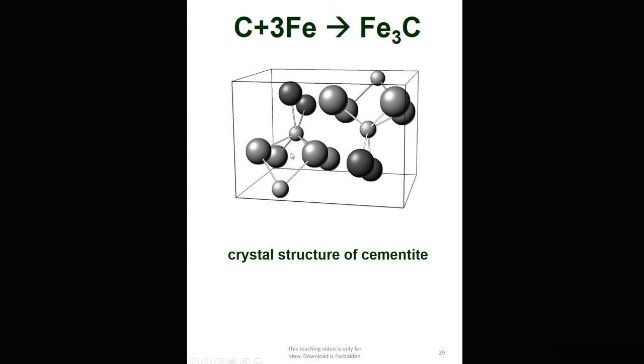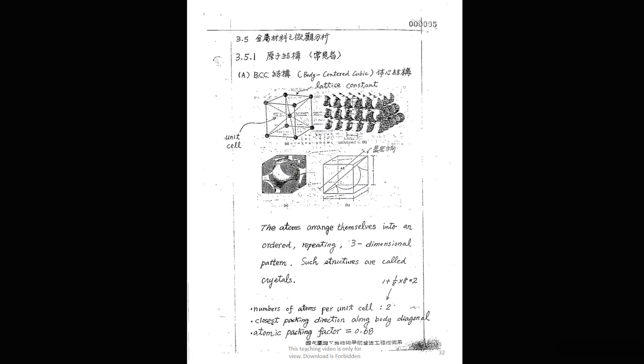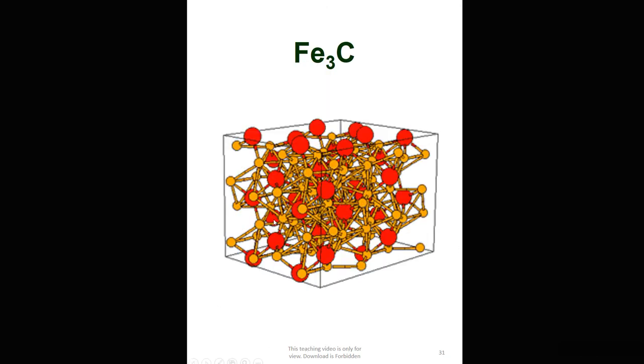So 2 compared with 6 is 1 to 3, 1 carbon and 3 iron. And this is the unit of Fe3C, a crystal structure of this type. Actually, you can also look at it like this. It is a very complicated atom structure of Fe3C. You may look at our slide.